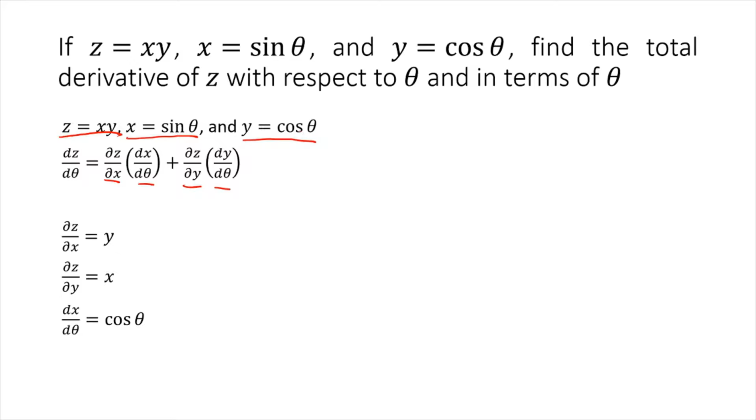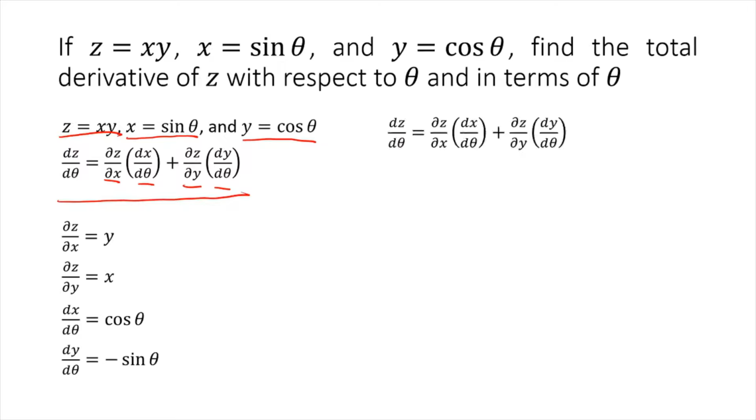The derivative of cosine theta with respect to theta is negative sine theta. Then all we need to do is plug in these equivalent expressions into the working equation, and then simplify. We get y cosine theta minus x sine theta.